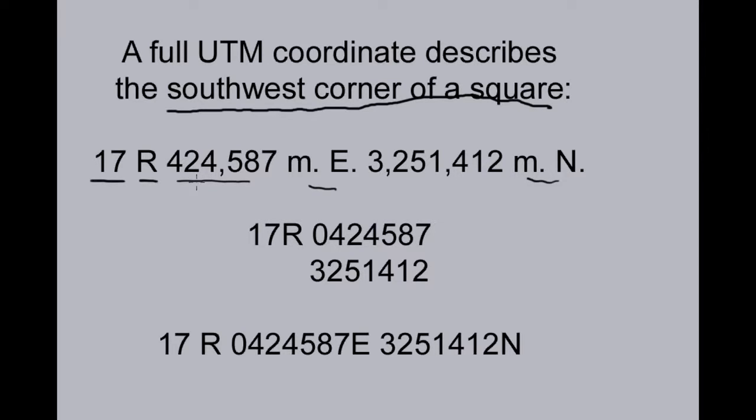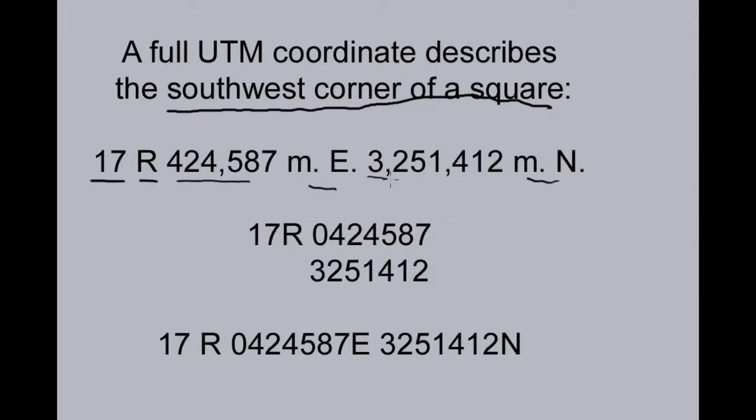So since this value is 424,587, that is 75,413 less than 500,000. So if the eastings are less, then they're west of the zone meridian.